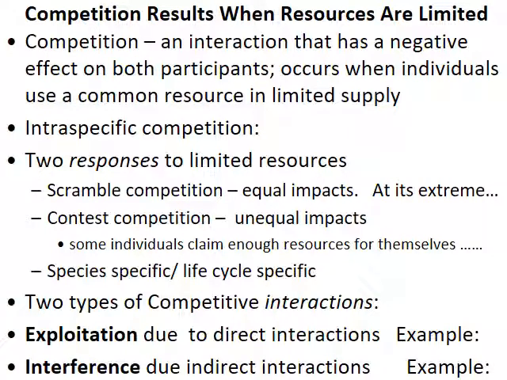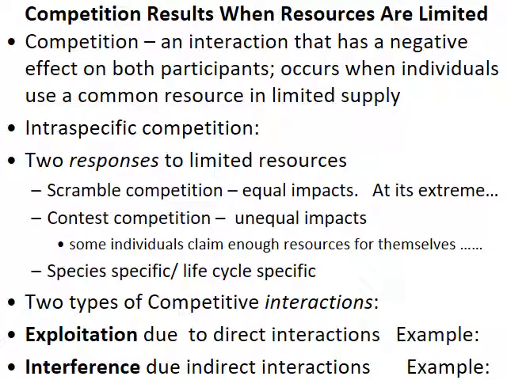So we've got two responses to limited resources. This is in contrast to the interactions we'll see below. We have scramble competition, where this competition has equal impacts on all individuals. So that competition affects all individuals in the same way. At its extreme, this means that all individuals could suffer the same fate, whether they all die.